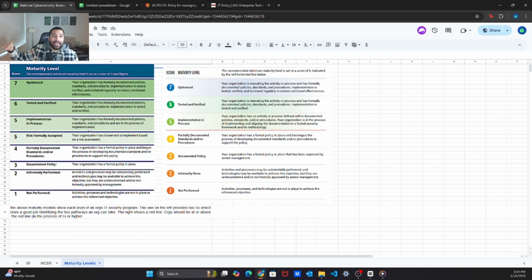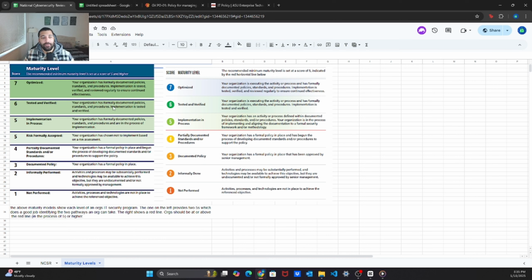So by aligning a framework, by implementing controls to the policy, standards, and procedures, in order to insert or utilize a control, you have to know your risks again, because how do you know which controls you want to implement, and where to implement them? It goes back to risk, and you have to know your risk. And then tested and verified and optimized. And this is also very important to note in the differences between the two.